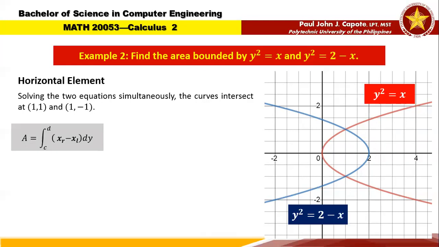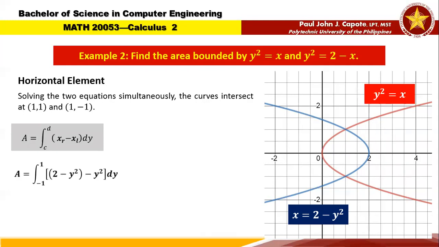Since the formula is asking for x values, then we need to express our functions for x in terms of y. And so, y squared equals 2 minus x becomes x equals 2 minus y squared, and y squared equals x is already expressed for x in terms of y.